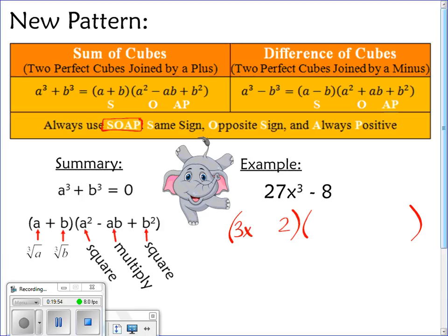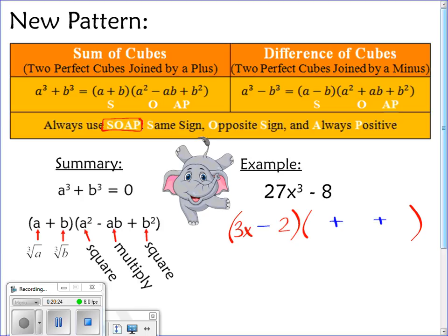What does SOAP stand for? It's your signs. It is the same sign, opposite sign, and then it's always positive. Because when you're factoring these, you've got 2 sets of parentheses, but that second set actually has 3 numbers in it. That's not normal. Everything we factored, ours only have 2 numbers in them. This one's different. So my original sign was minus, so I'm going to use the same sign, then the opposite, and the last one is always positive.